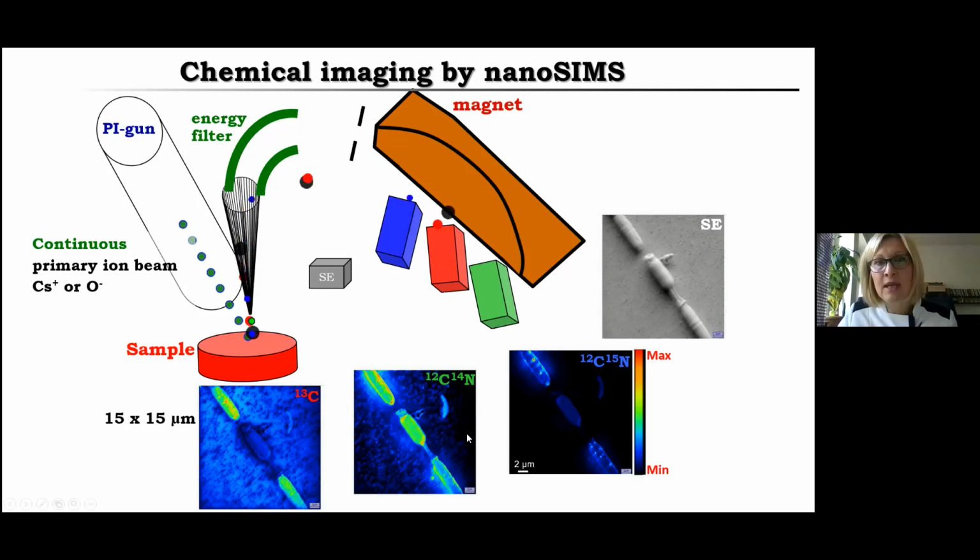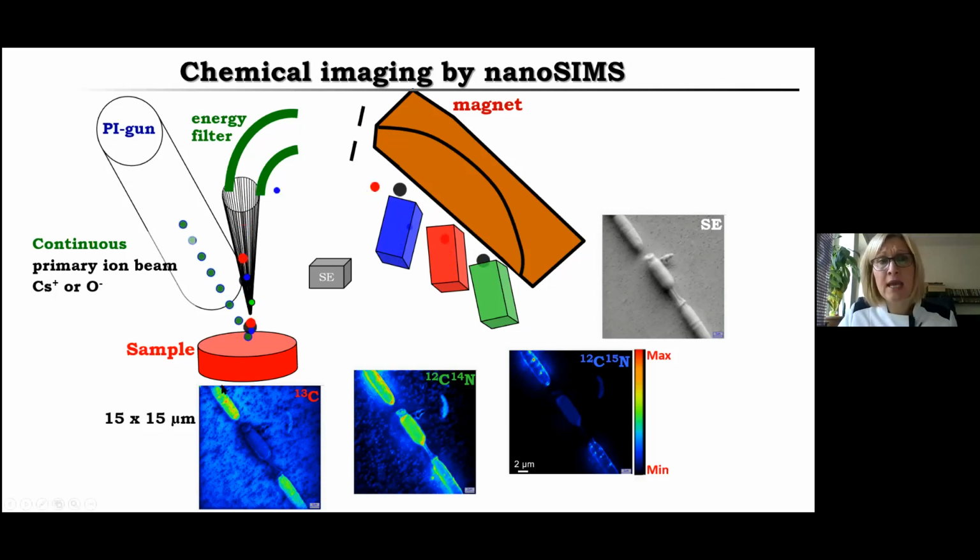And you can even differentiate between mass 26 and mass 27, so 15N and 14N, if you use labeling.